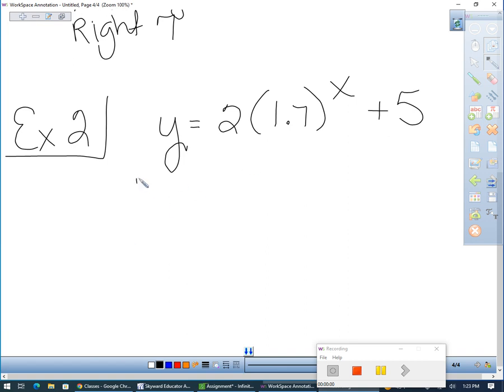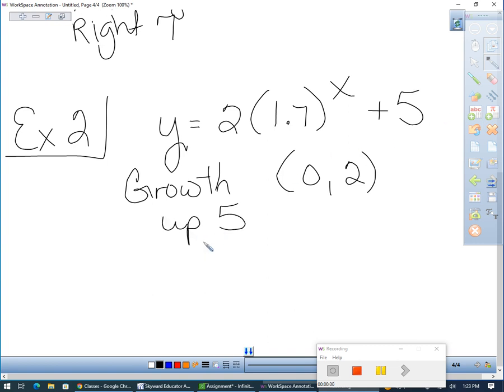It would be a growth. Very good. This is a growth. Good. (0, 2) is your initial y-intercept. Up 5. Very good.